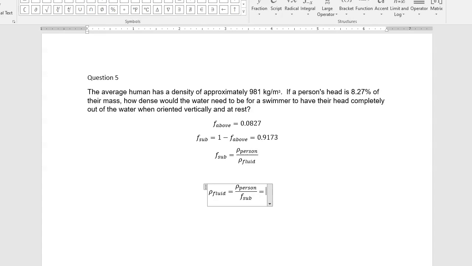All right, and so 981 kilograms per cubic meter, in parentheses, divided by our 0.9173, remember you got to check my math on that. All right, and so this is going to be 1.1 or so, whatever the math works out to be, or 1100 or so.